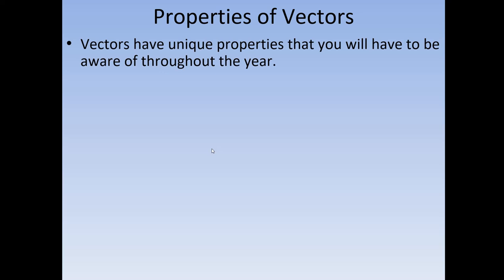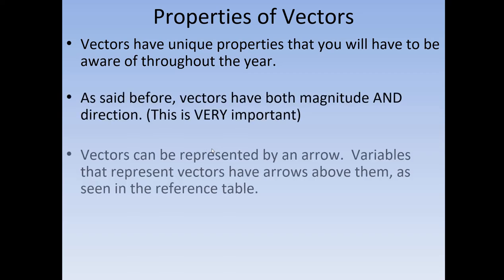All right, so there's a bunch of different properties that you need to be aware of about vectors. They get brought up so much that it really is useful knowing right off the bat how they work. So, like I said, vectors have both this magnitude and direction, but one of the nice things about vectors is that you can draw out pictures and use the vector notation and these properties to actually represent the measurements.